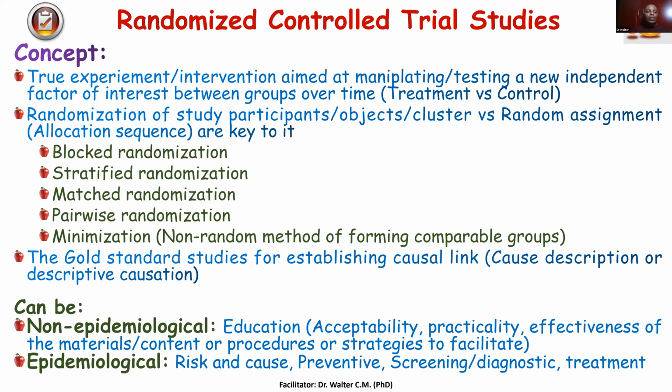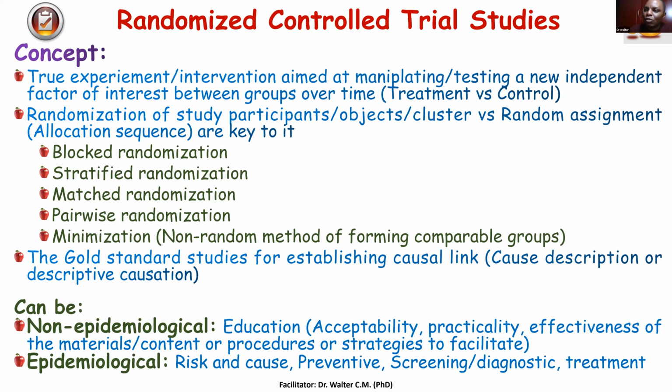See? And then we have minimization randomization, which is typically not a random method of forming comparable groups. But what is done here? You have groups.